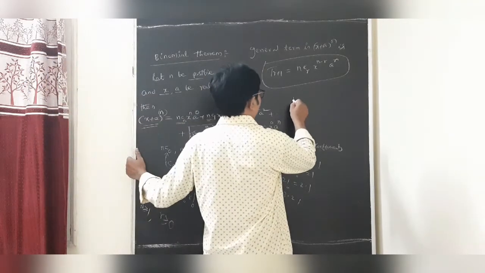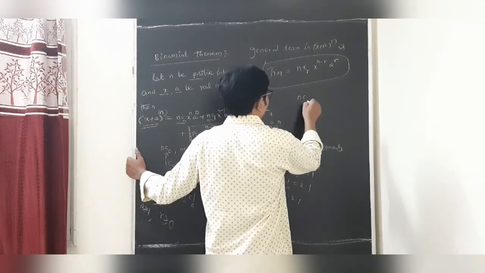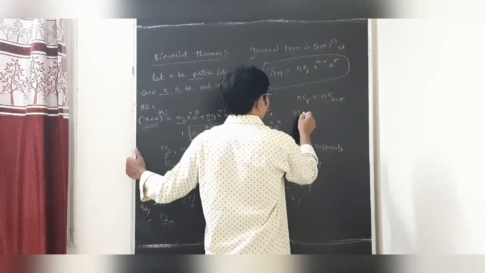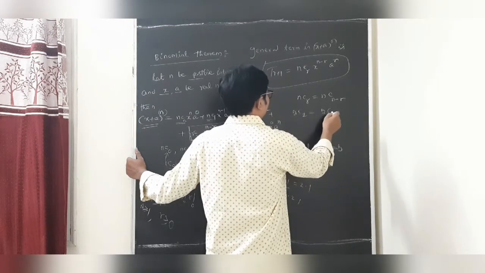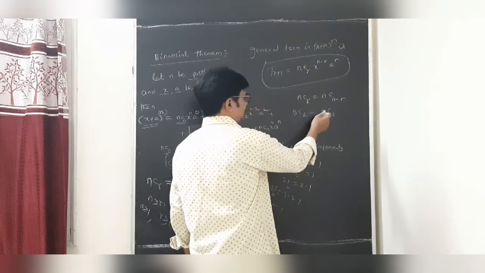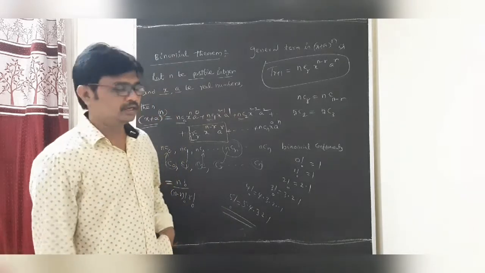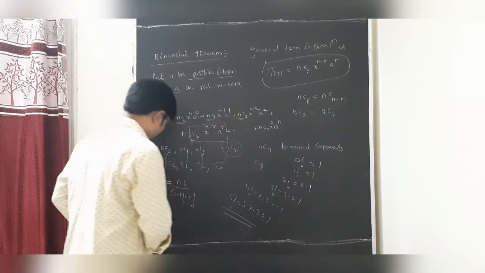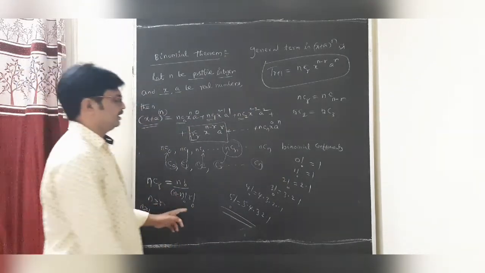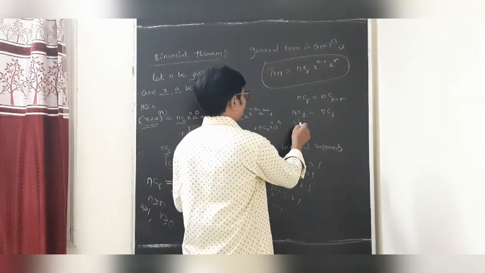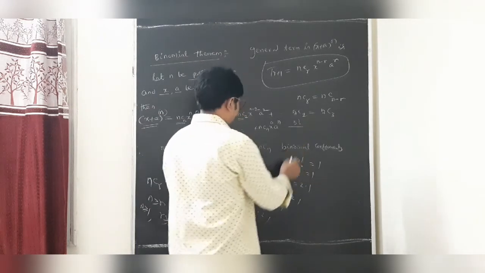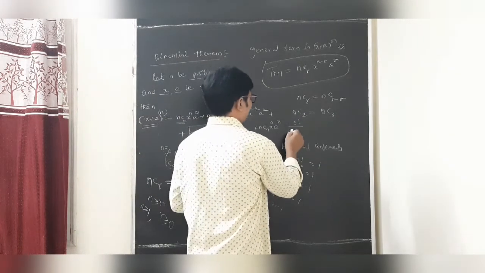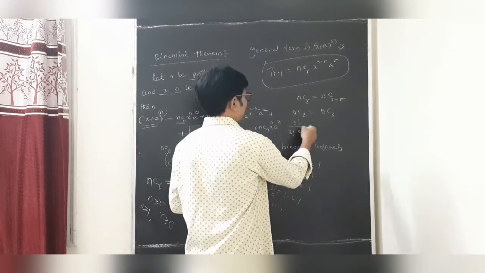Another observation, students: nCr equal to nC(n minus r). Suppose 5C2 equal to 5C3; undoubtedly they are equal, since 5 minus 2 is 3. Finding with the formula, 5C2 is 5 factorial by (5 minus 2) factorial, 3 factorial into 2 factorial.